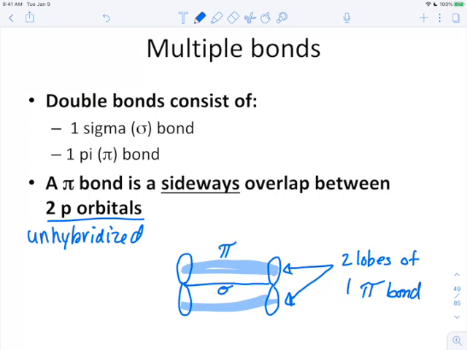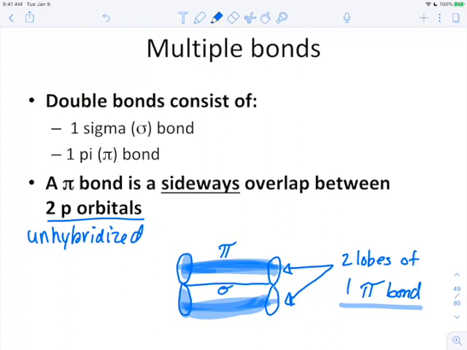Because the p orbital has two lobes, so does the pi bond. So even though it kind of looks like, and I did just draw two highlights coming across, that's all part of the same bond. So just like electrons can jump from the bottom to the top, the electrons can jump from the lower lobe of the pi bond to the upper lobe, because that's all one pi bond.